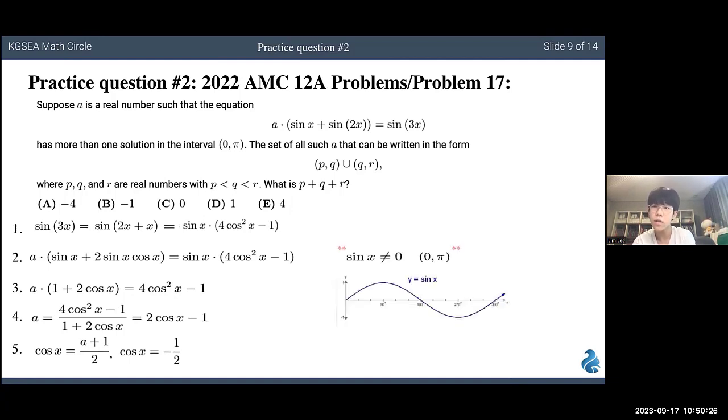Oh, it's also useful to note that we could simplify sine x in all of the other terms on steps 2 to 3, because when x is in the interval 0 to pi exclusive, sine x is not equal to 0 at all, so we could just simplify it.